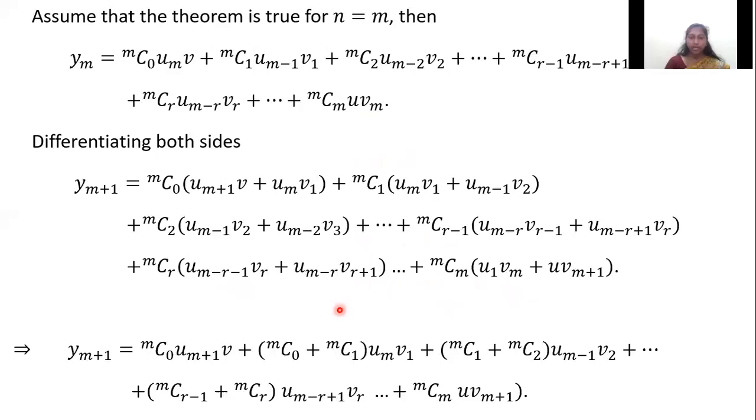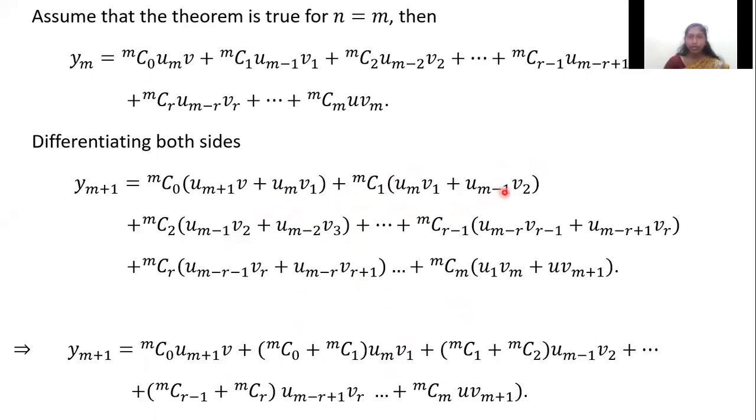And now we can rearrange these steps. What are we going to get? mC0 u_(m+1) v plus, now you can see that u_m v_1 is repeated two times. So the coefficient within the brackets is going to be mC0 plus mC1 into u_m v_1. Similarly, we can write for each and every term.